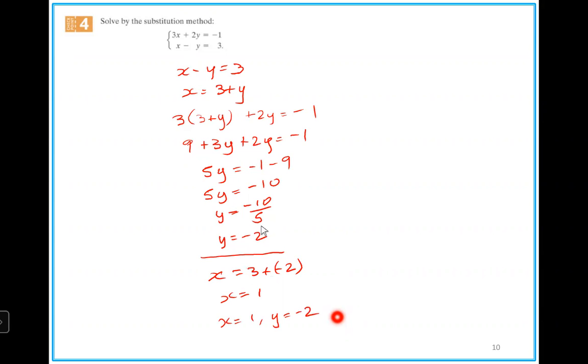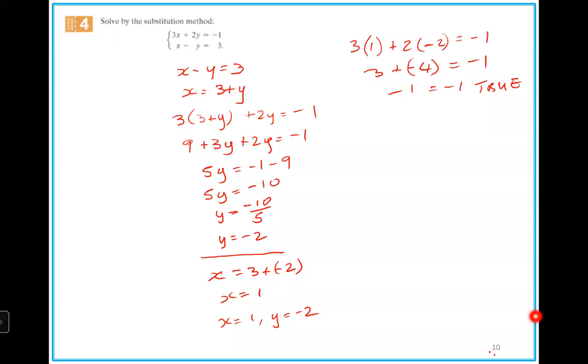And you could always check and see if it works. So the first one is 3 times 1 plus 2 times y equals -1. So that's 3 plus -4 equals -1. -1 equals -1, so that's true.